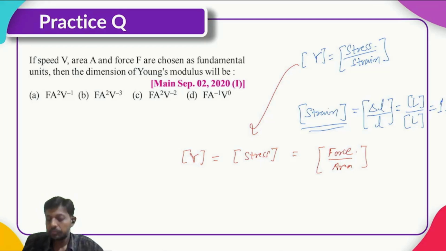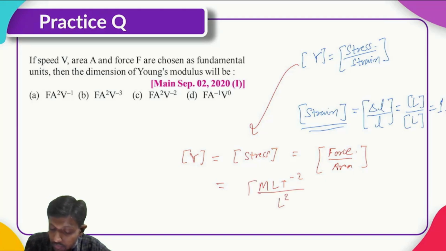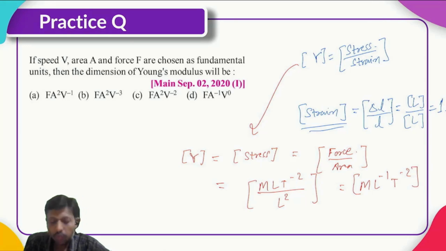Let's do that quickly. We know the dimension of force is MLT^-2, and for area, the dimension is length squared. So this gives us ML^-1T^-2. This is the dimension of Young's modulus. Remember this, okay? This is going to help us find the final answer.